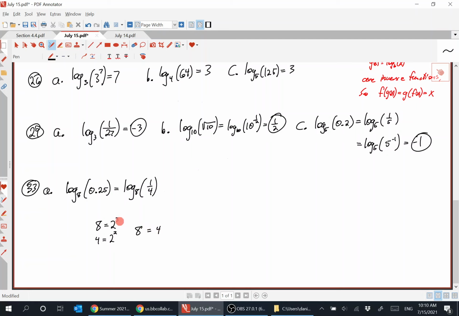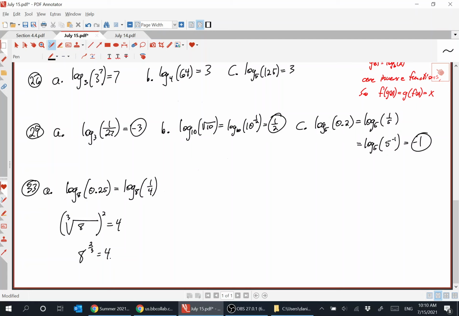Well, you have to take the third root of 8 and then square it. So 8 to the 2/3 is 4. The third root of 8 squared is equal to 4. But this is the same thing as 8 to the 2/3. So 8 to the 2/3 is equal to 4.